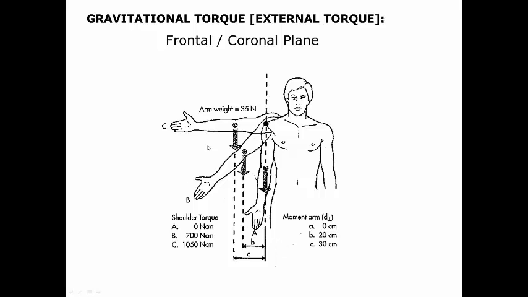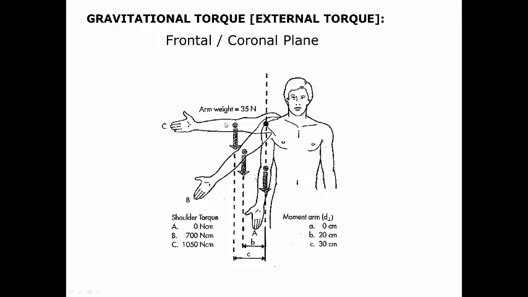And if I said why, and you said it feels lighter, that would be somewhat incorrect. I mean, it does feel lighter, but the arm weight is the same. Your arm does not lose weight when it's down by your side, but what changes is the external torque that your arm weight is creating.